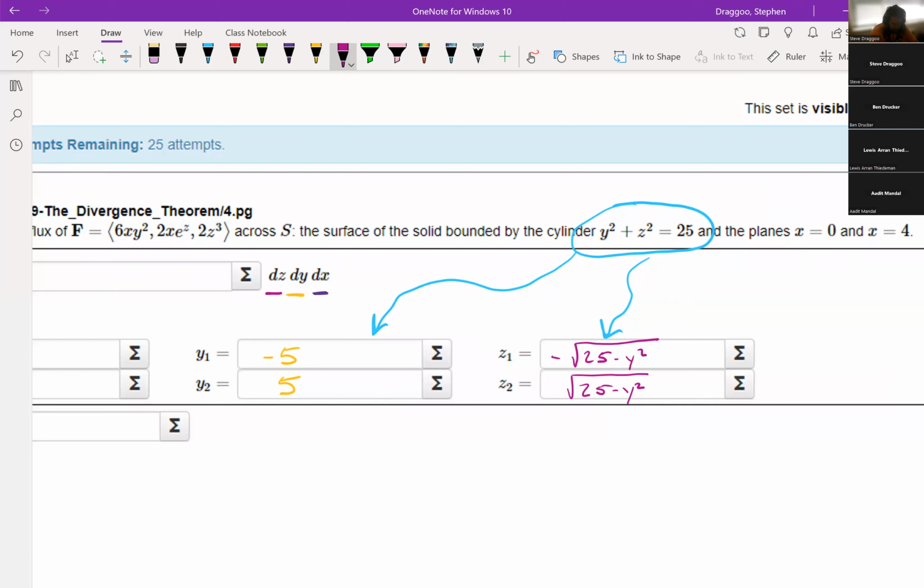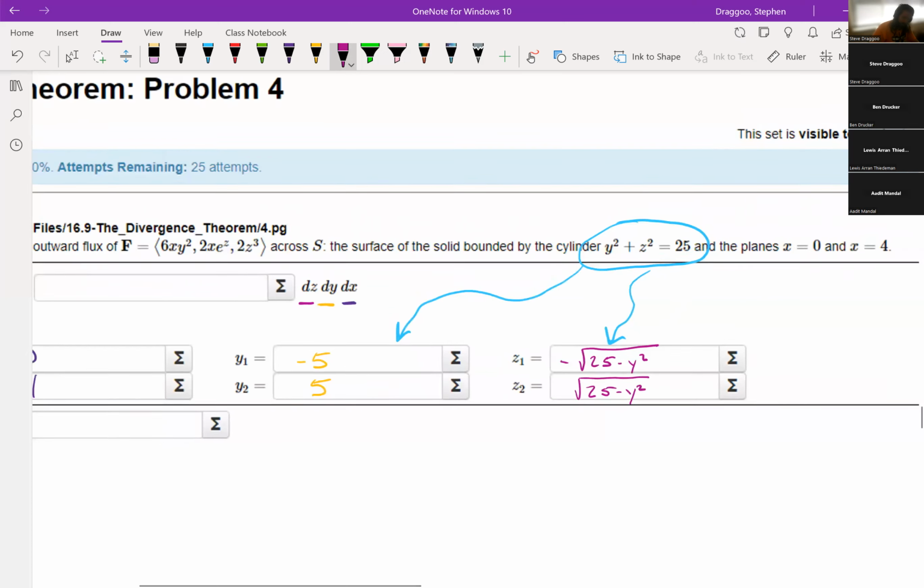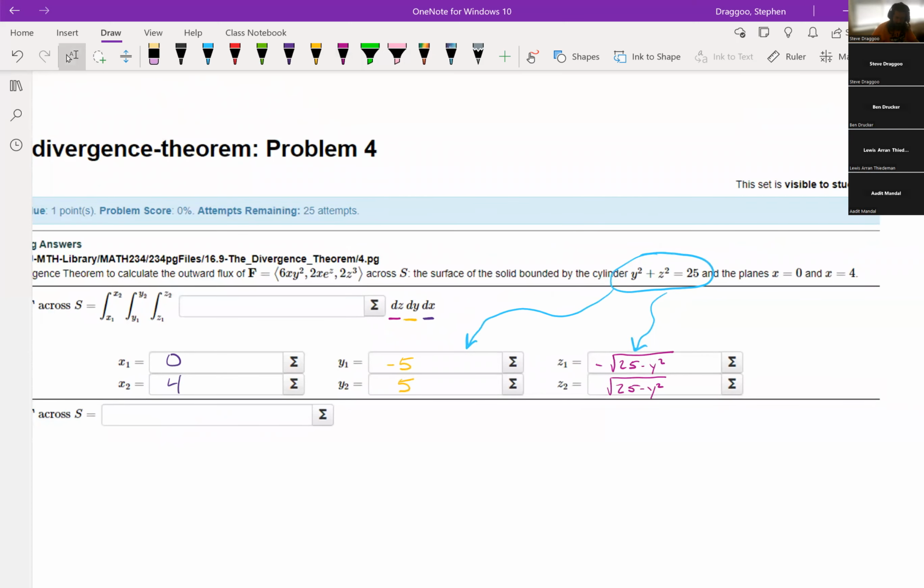These bounds aren't super important here, because we're not actually going to use them. This integral is clearly asking us to set up a cylindrical coordinates problem. So before we actually do any integration, we're going to bail on this setup that it asked for, because we'd much rather be in cylindrical coordinates. I mean, it told us, hey, one of your shapes is a cylinder. So we're not going to do that.